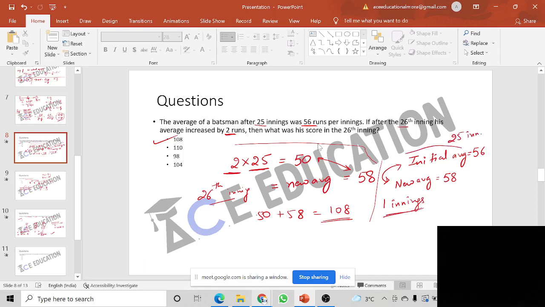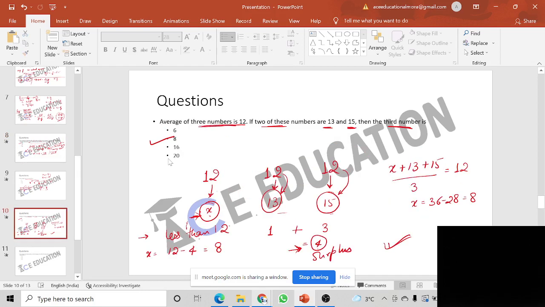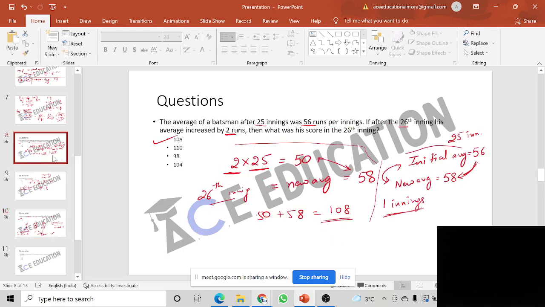So when he tries to increase the average, the concept that I'm using here is the same which we used earlier. See, the question said here that the average of three numbers is 12. I said, alright, the numbers are 12, 12 and 12. Right? I'm trying to use the same concept here.